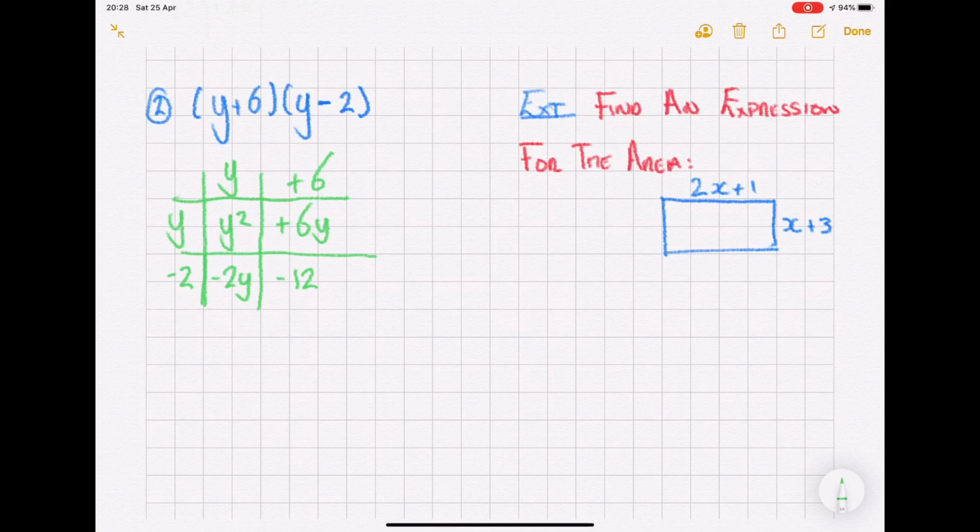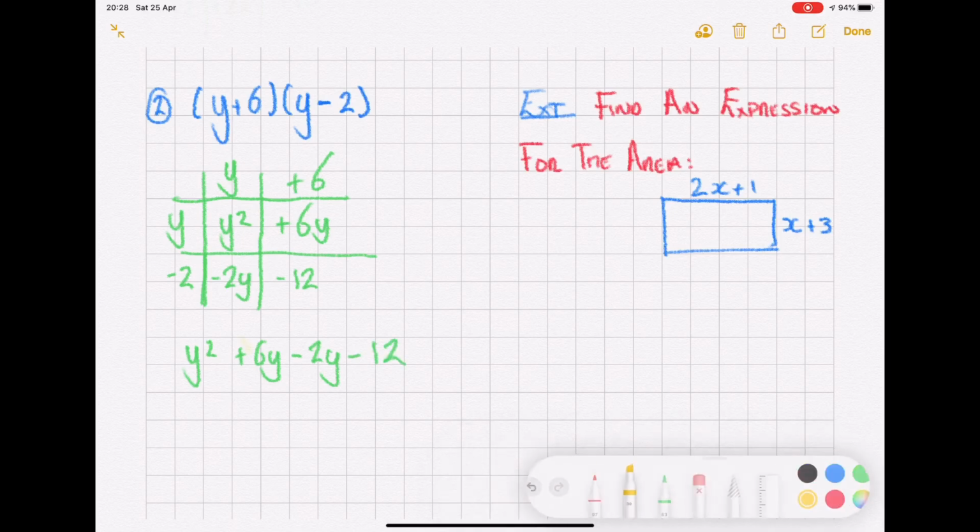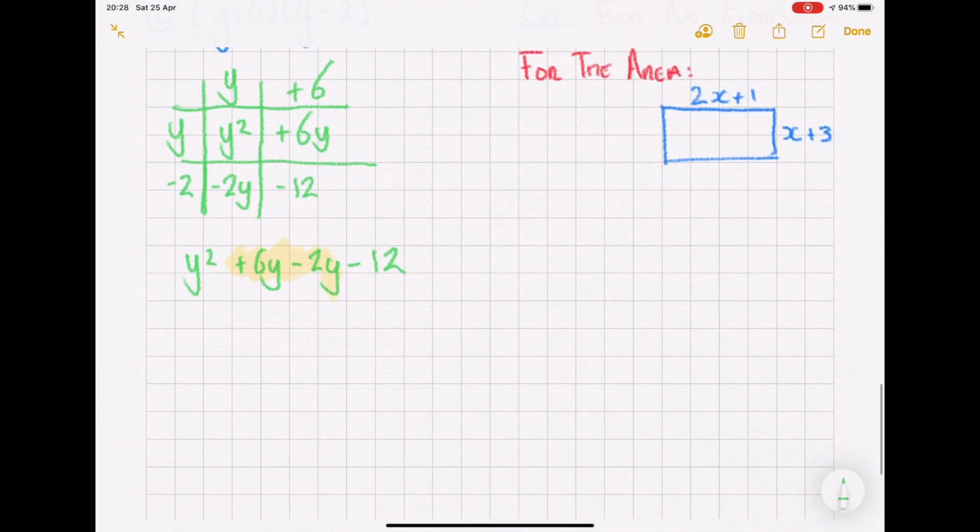So we write everything from the grid, so we have y squared plus 6y minus 2y minus 12. Can we simplify anything? We can simplify those two to give us y squared, positive 6y take away 2y is positive 4y, minus 12. That's our final answer. Fantastic. Give yourself a tick on that.